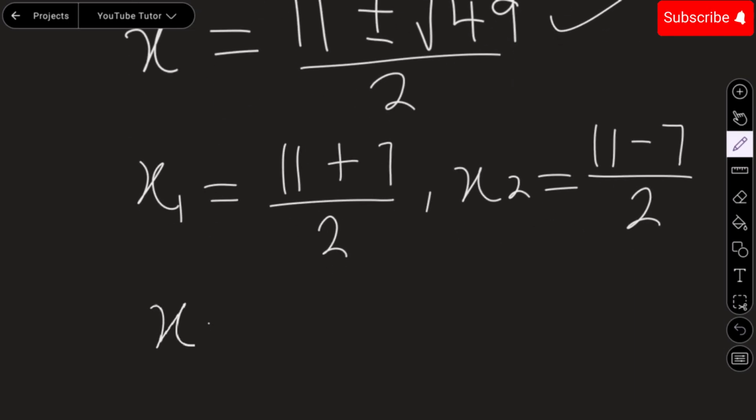Now x1 becomes 11 plus 7 gives us 18. 18 over 2 gives us 9. And x2 will be 11 minus 7, which is 4.